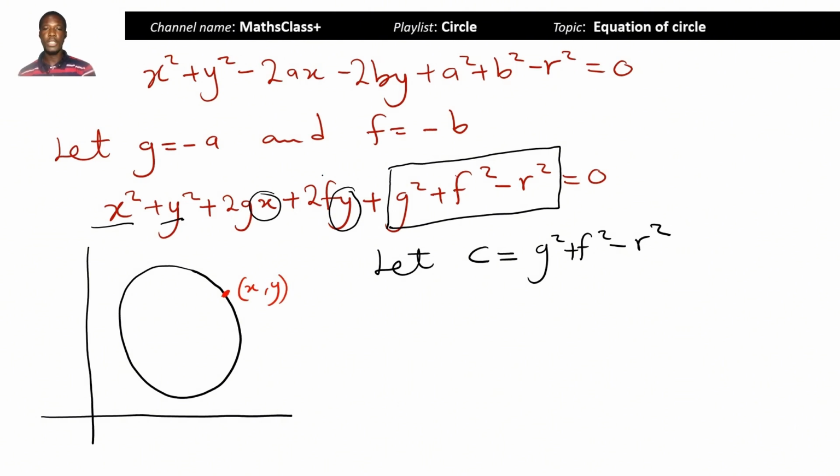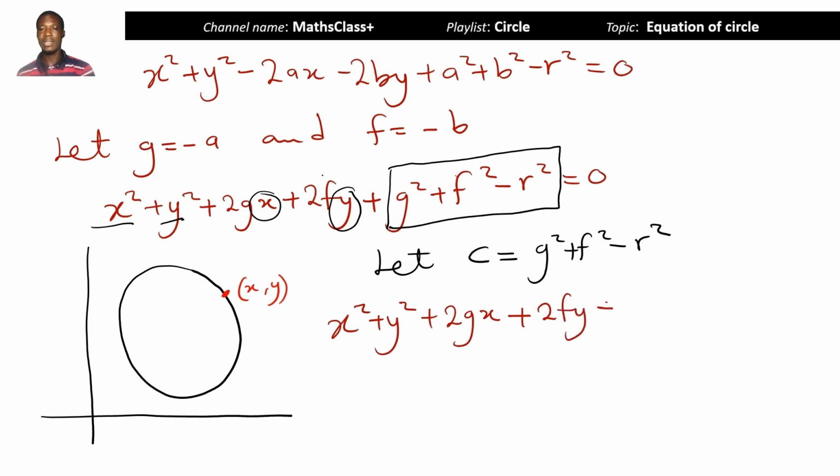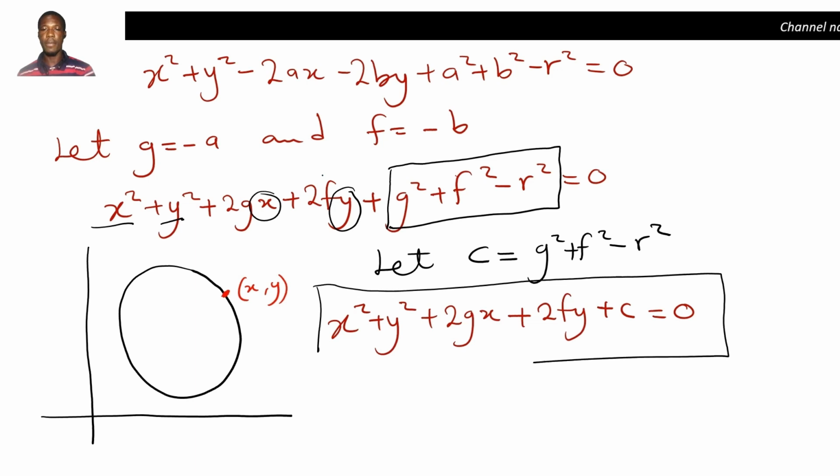And the equation of the circle now becomes x squared plus y squared plus 2gx plus 2fy plus c is equal to 0. So now g squared plus f squared minus r squared have all become one thing, c. And this gives us the equation of a circle. This is the general formula of the equation of a circle.